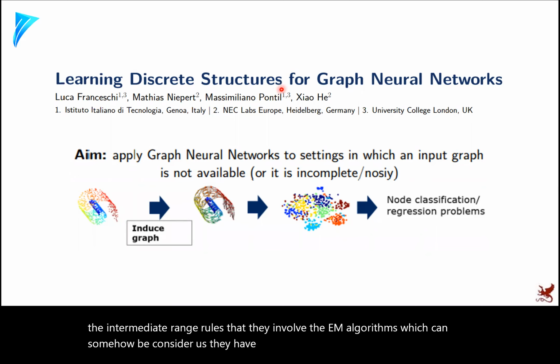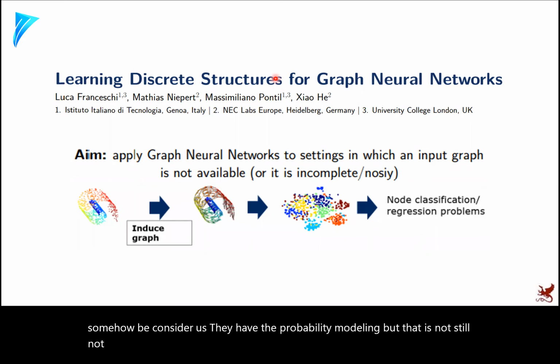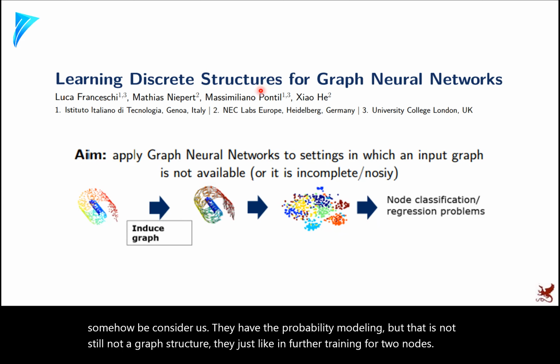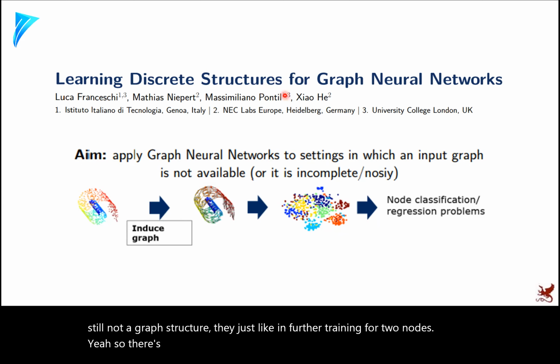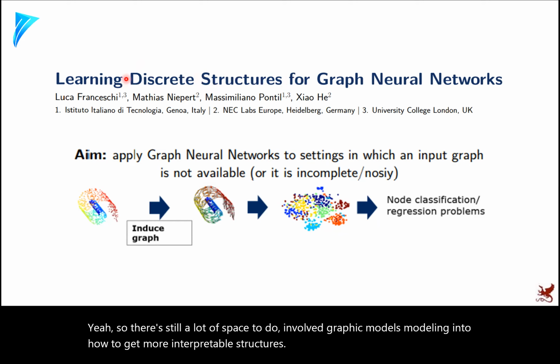But that is still not a graph structure. They just infer the chain for two nodes. So there's still a lot of space to involve graphical model modeling to get more interpretable structures.